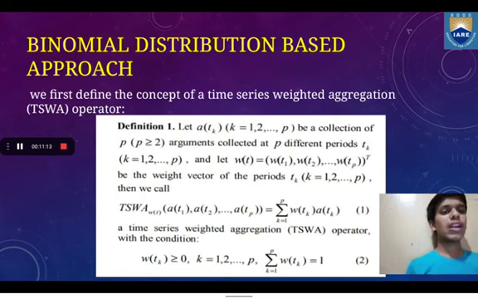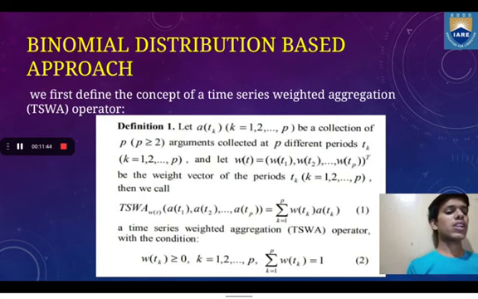Then we call the time series weighted aggregation of A(t1), A(t2), ..., A(tp) equal to the summation of k equals 1 to p of w(t_k) times A(t_k). That is the collection of period arguments combined with the weight vector, so we get the time series weighted aggregation operator.